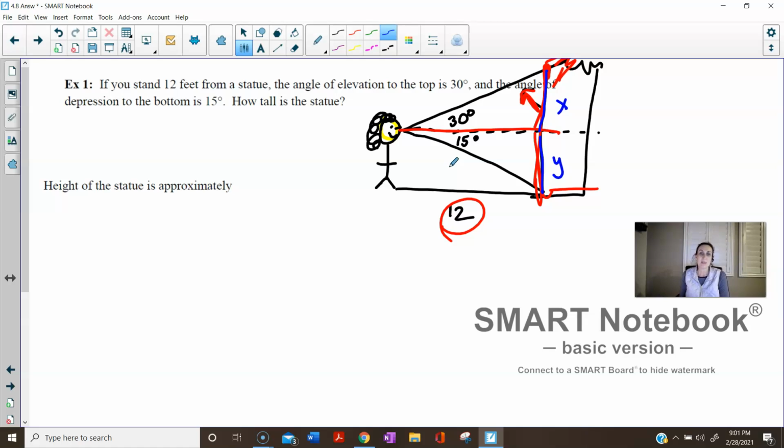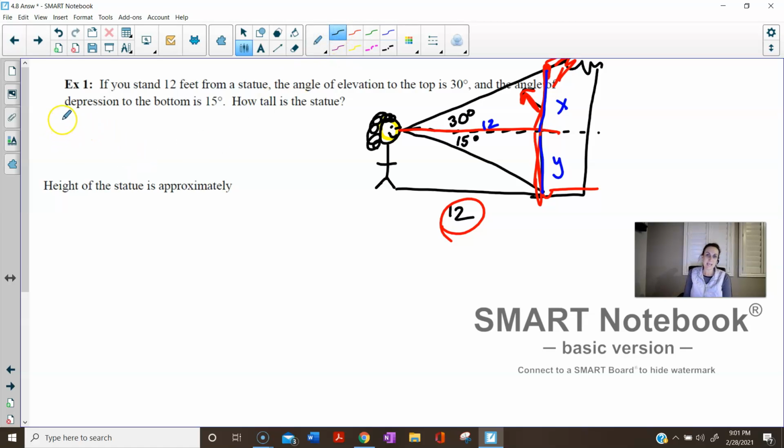But anyway, looking at this, I have the angle and I don't have the opposite, but I do have the adjacent. The adjacent is 12. So I want to use opposite over adjacent. I don't want to use hypotenuse because I have no idea what the hypotenuse is. So I want to use tangent.